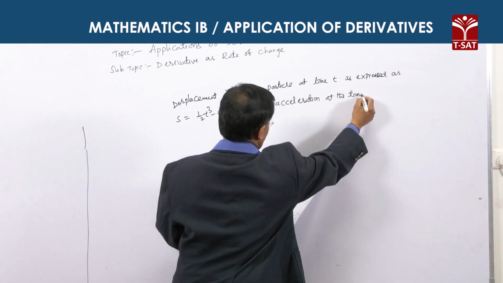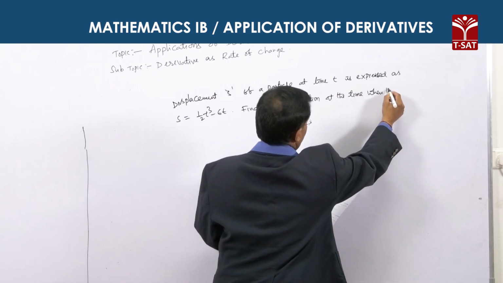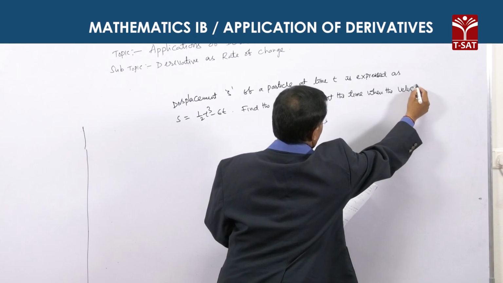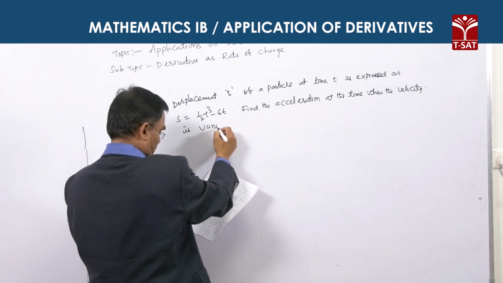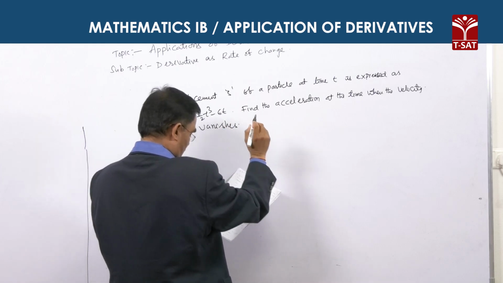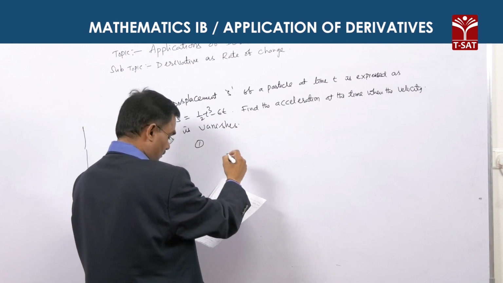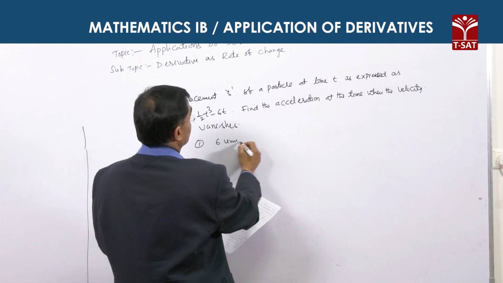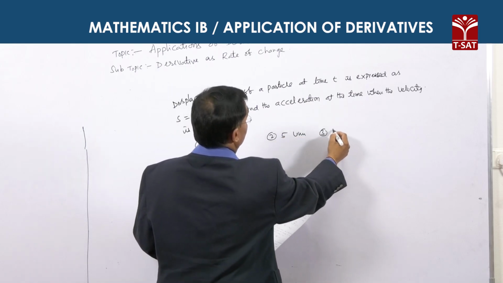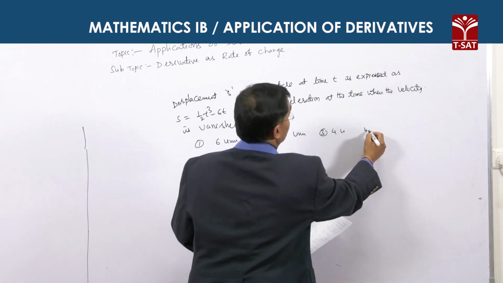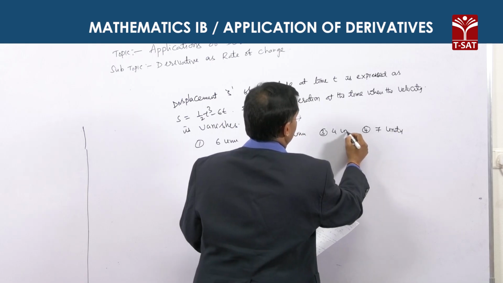Find the acceleration at the time when the velocity vanishes. The first one is 6 units, second one is 5 units, third one is 4 units, and the fourth one is 7 units. Okay, right.